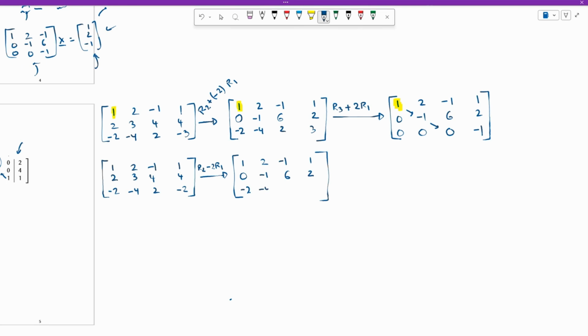And the last row, of course, remains the same because we've not done anything to it. And then now if you operate on the last row, you'll do R3 plus 2 times R1. The first row remains the same. Second row remains the same. What will happen to the third row? I know these three will be 0. What about the last one?